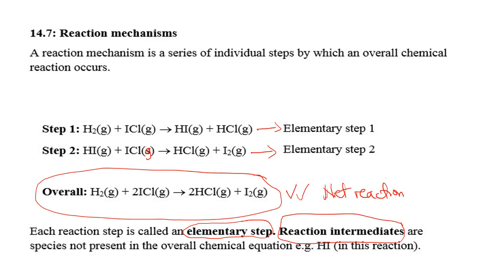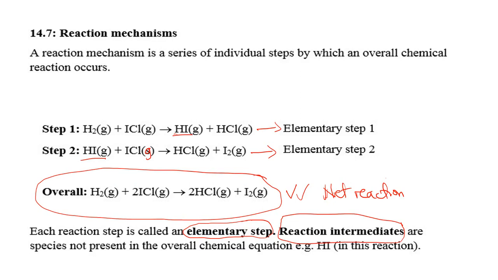For example, in this case, you see HI in this elementary step, and we also have HI in this elementary step, but we don't have HI in this overall chemical reaction. So HI is an intermediate because it is present in the elementary steps but not present in the overall chemical reaction.